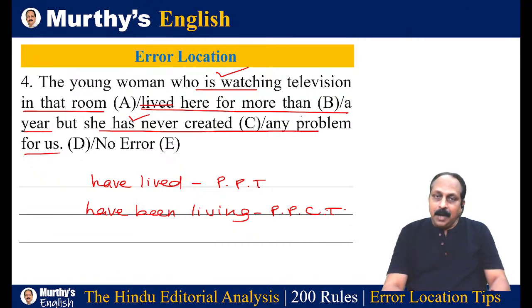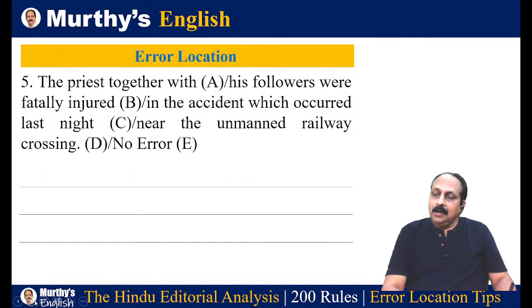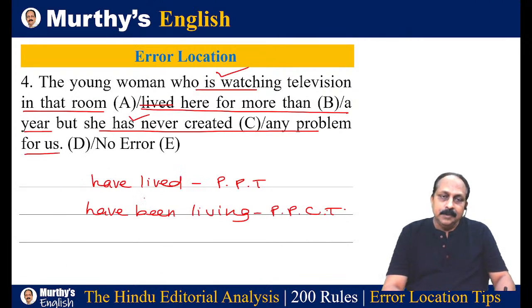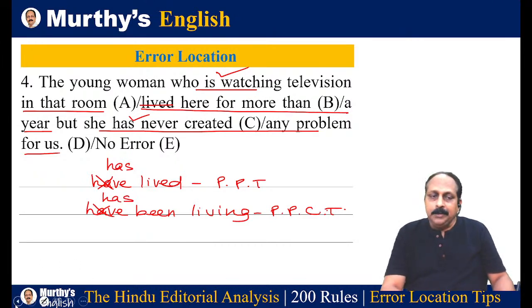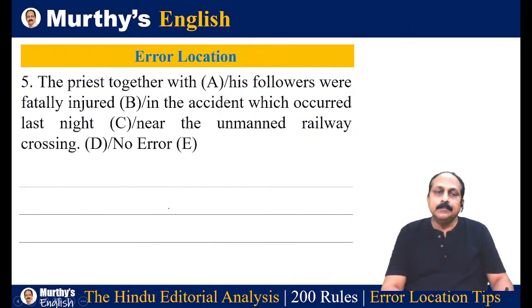You can touch only one clause. Based on that, has lived or has been living. I'm sorry, here, young woman, it should be has lived or has been living. Then it is either present perfect or present perfect continuous.